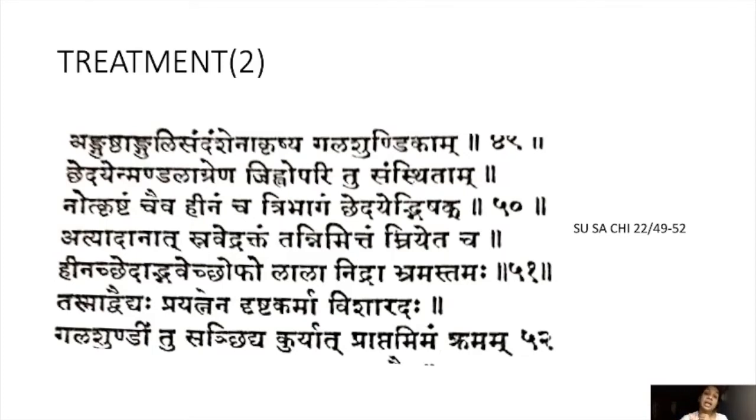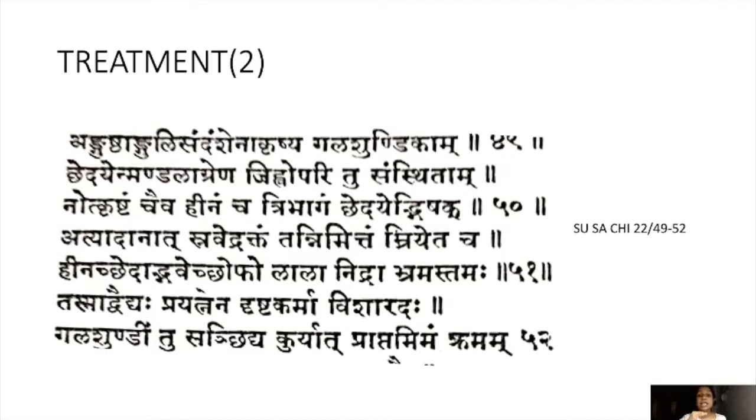Cutting should be done at the one-third part, neither more nor less; the Tribhaga can be cut. Atyayadanat Sraved Rektam: if you cut more, there will be more bleeding. Tan Nimittam Mriyadescha: because of that, it will lead to death.